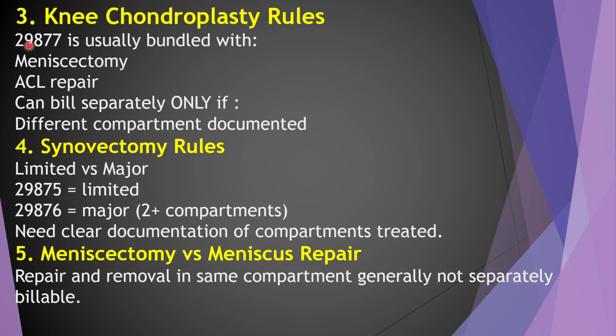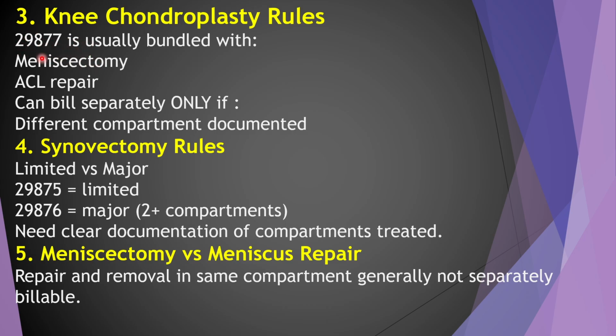Knee chondroplasty code 29877 is usually bundled with the meniscectomy, acromioclavicular ligament, and ACL repair, and they cannot be billed separately unless a different compartment is documented. This one is already bundled in the meniscectomy, which is the major procedure and already includes 29877.